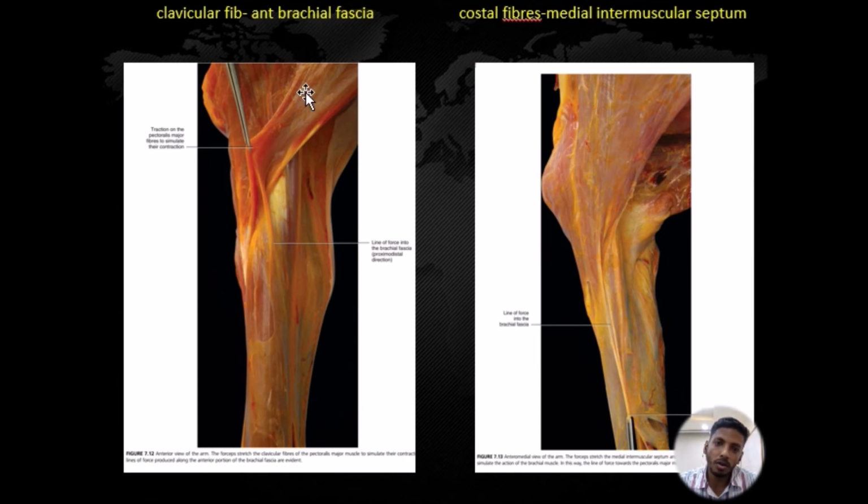The clavicular fibers have attachment with the brachial fascia anteriorly. The costal fibers have attachment to the medial intermuscular septum medially, whereas the clavicular fibers attach to the anterior part of the brachial fascia.